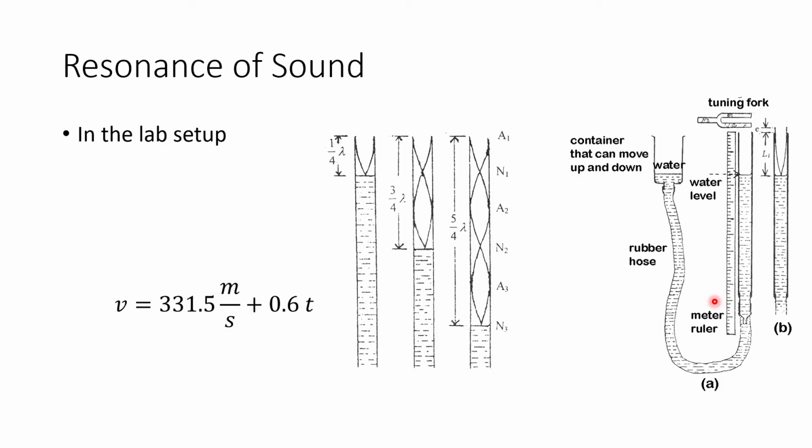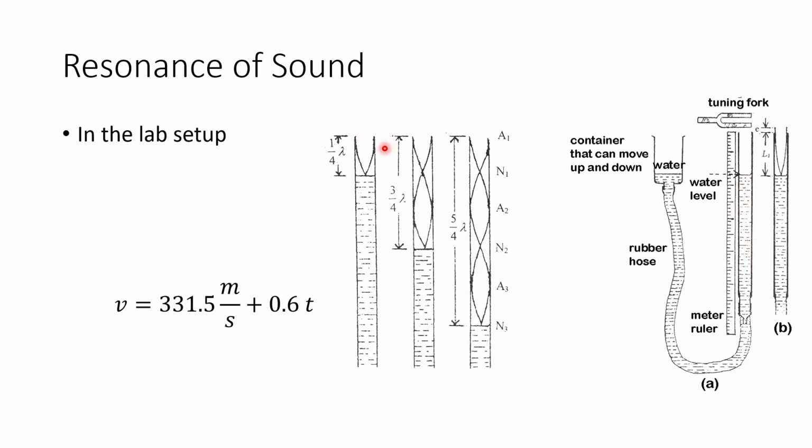In this lab, we're going to be measuring the resonant peaks. Literally, if you use a source, the source is going to create a wave that travels down, and once it bounces back, it's going to hit the source again. If you have a pipe that has a variable height, you can actually generate the resonance.